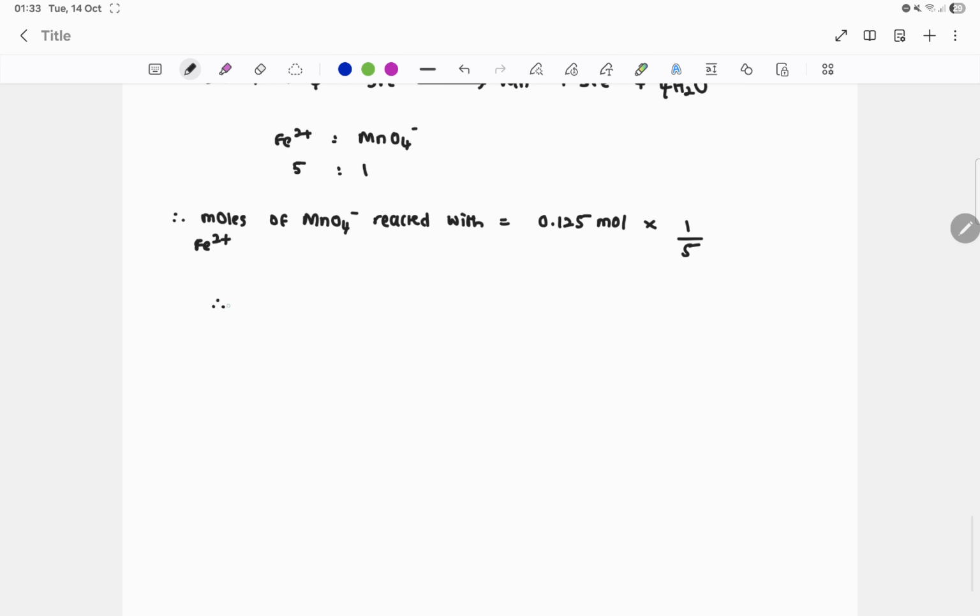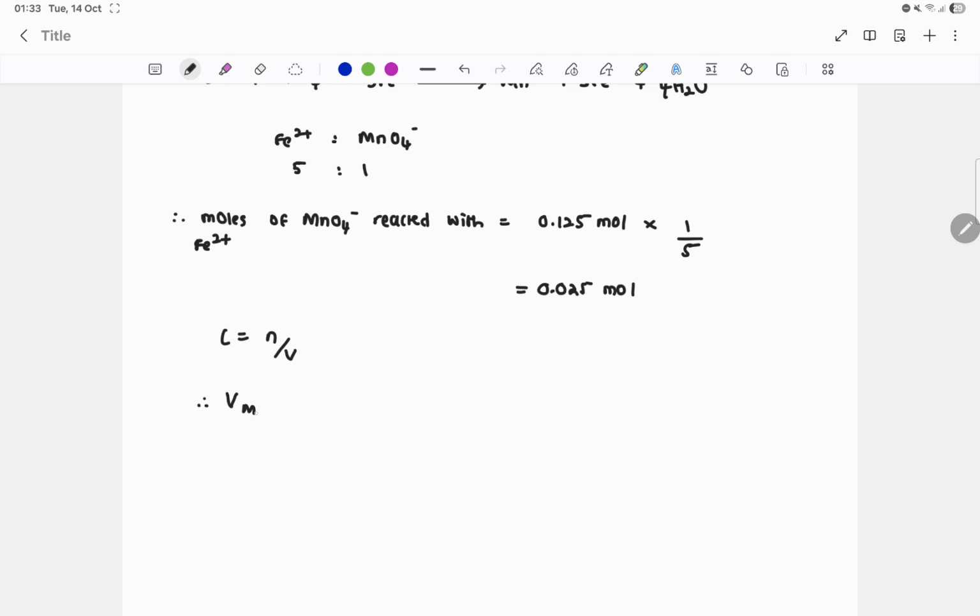Therefore, if you calculate the moles, 1/5 of 0.125 is 0.025 moles. Concentration equals moles over volume.